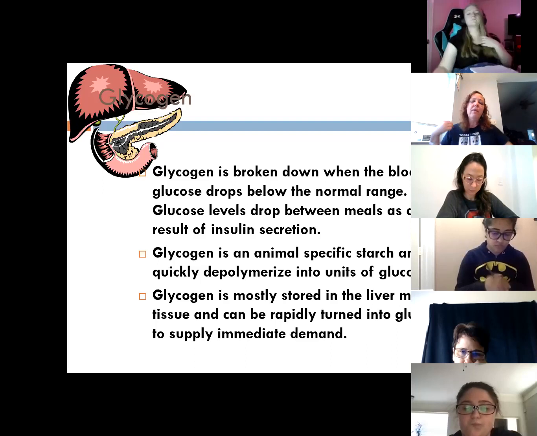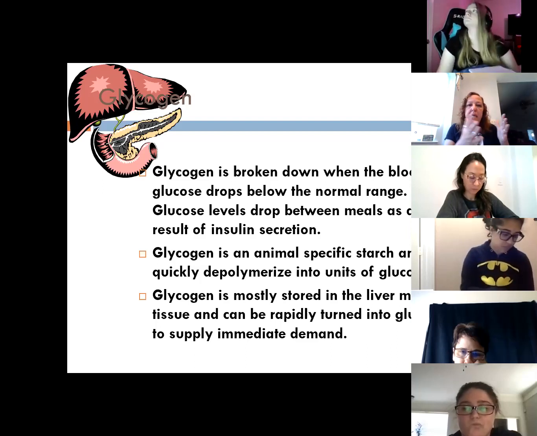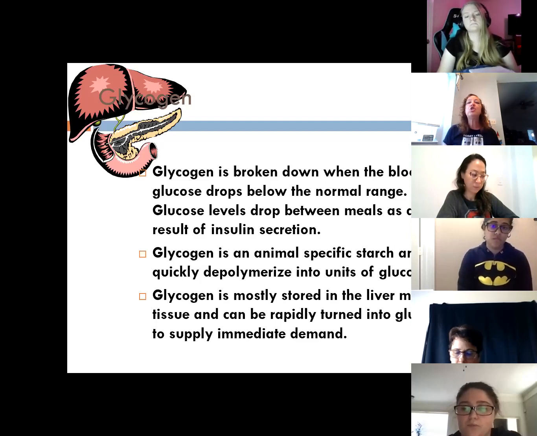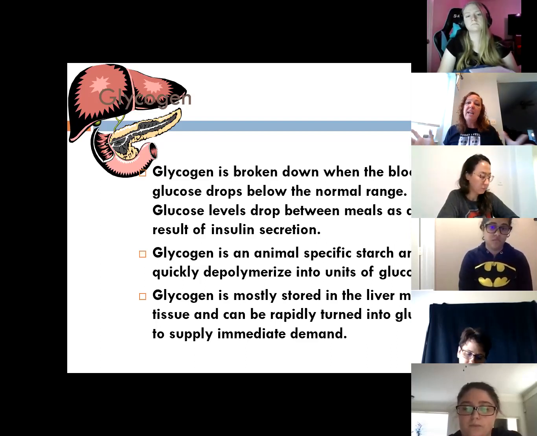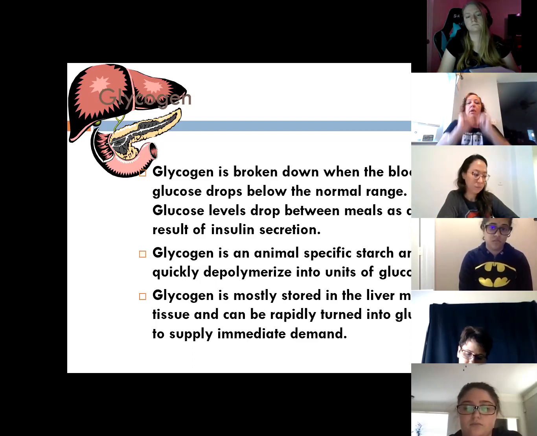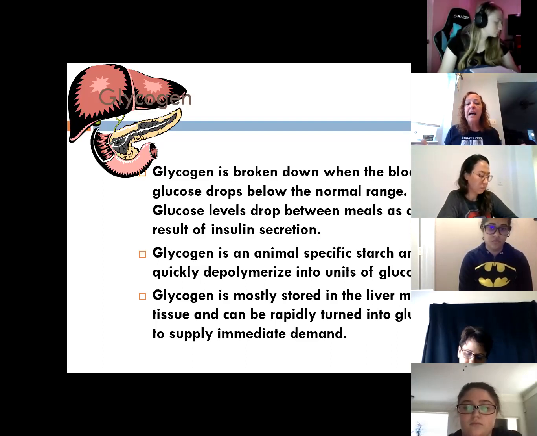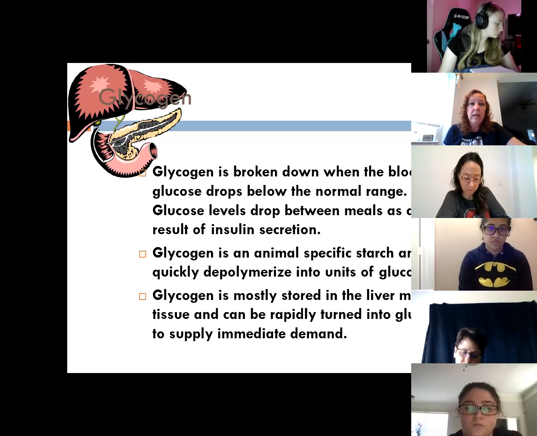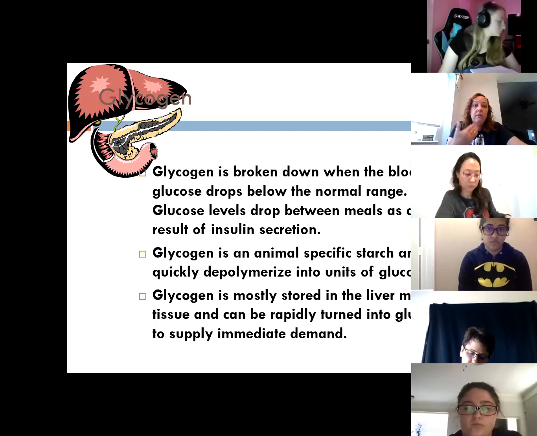Glycogen is, for lack of a better definition, pre-converted glucose. And it is stored in the liver, and we can convert it super fast and dump it into the blood to raise the blood glucose and give us a little bit of a time window so that we can catabolize that adipose and convert it into usable energy and then sustain ourselves.